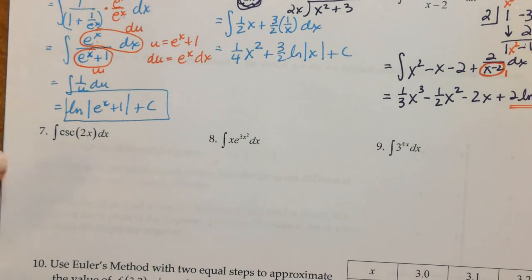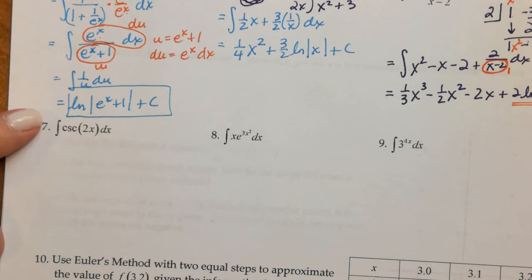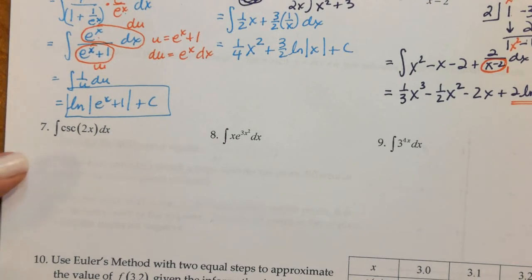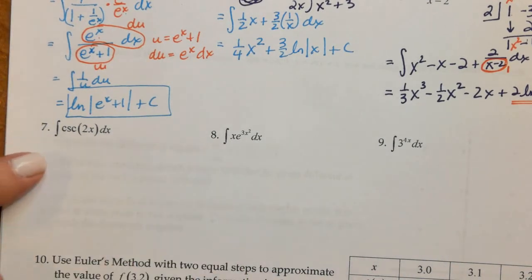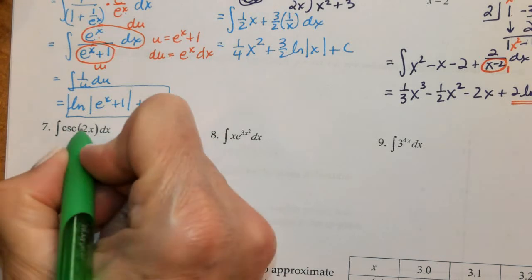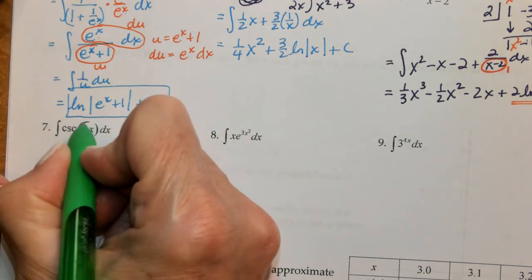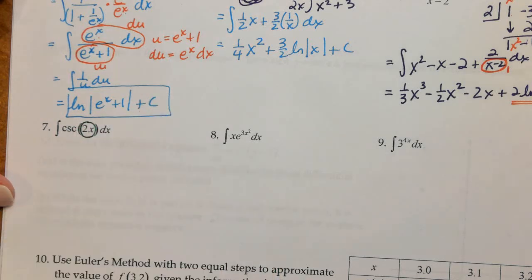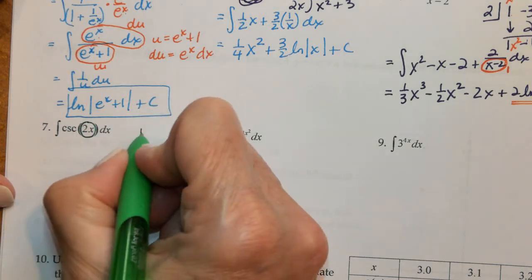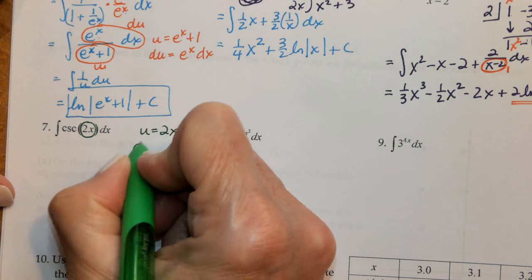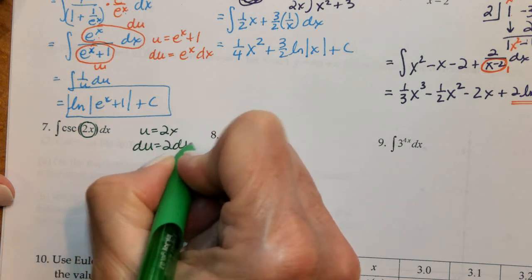All right, let's take a look at number 7. Well, number 7, I see an antiderivative of cosecant. I know the antiderivative of cosecant. It's not just cosecant x, though. It's cosecant of 2x. Well, if u is 2x, then du is going to be 2 dx.